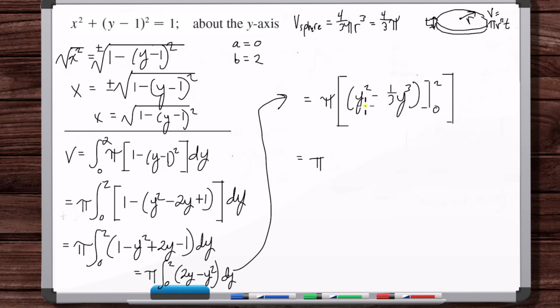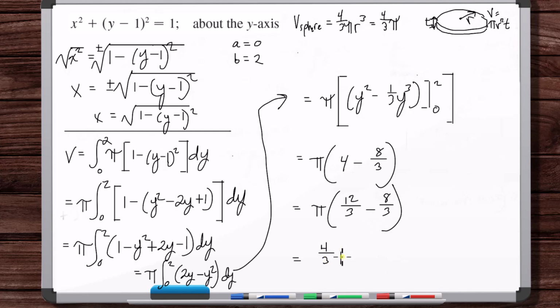So we plug in 0, this just goes to 0, so we just need to evaluate this at 2. 2 squared is 4. 2 cubed is 8. 3 times 4 over 3 is 12 over 3. 12 minus 8 is 4, so it's 4/3 pi.